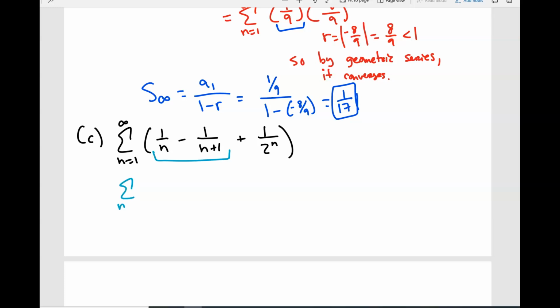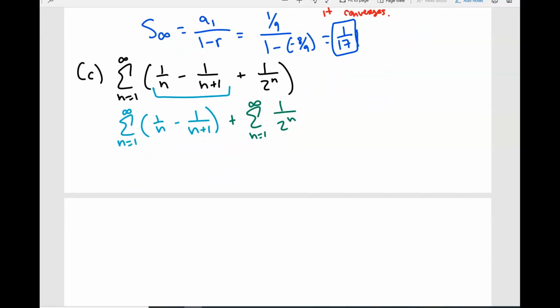So you have the summation of n equals 1 to infinity of this guy, 1 over n minus 1 over n plus 1, and then you have this other stuff, plus the summation from n goes from 1 to infinity of 1 over 2 to the n. So this one, by telescoping series, is equal to 1. So this equals 1 by telescoping.